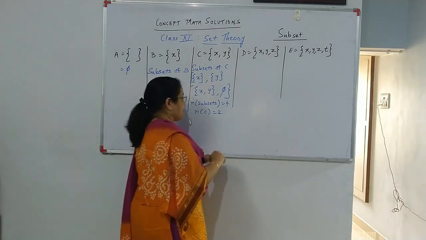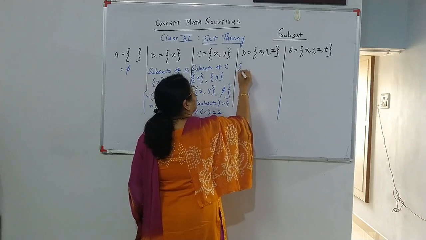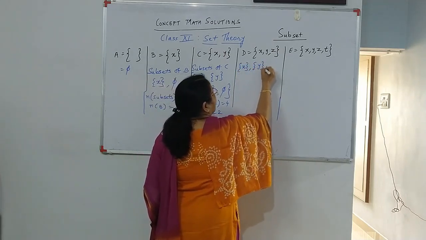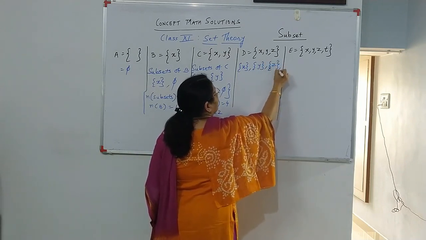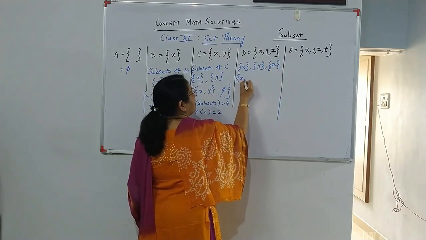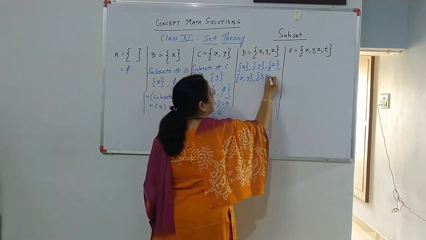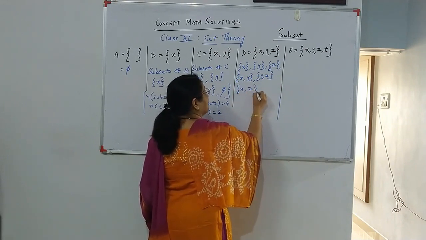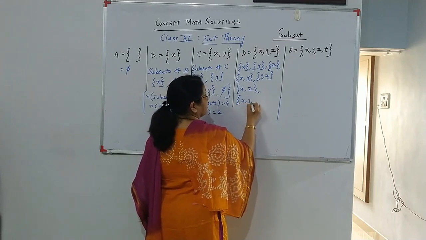Coming to D, again if I list all the subsets, first would be x, then y, then z. You have to do all combinations, all the elements. Then you have xy as one subset, then yz as another subset, then xz as the next subset, then xyz.